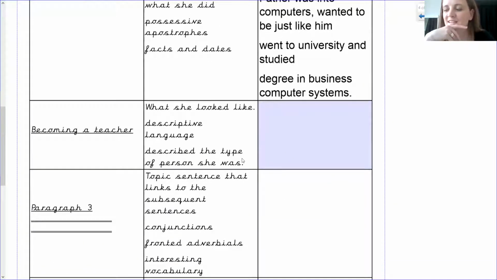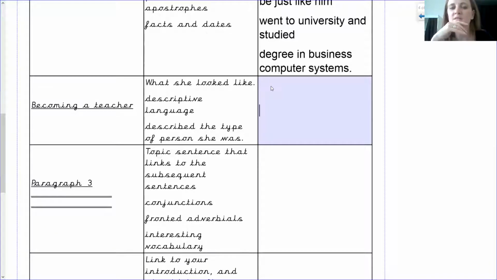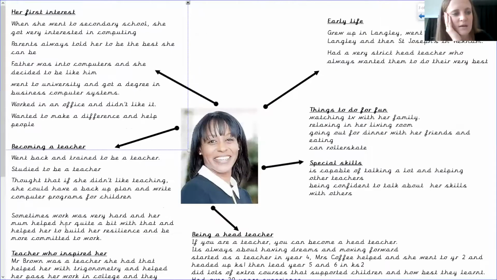Now, my next paragraph is going to be a bit different, because the one that we have in our non-chronological report is a description of Boudica, but I haven't quite got to the description of Mrs. Bowen yet, because I want to say how she became a teacher. I think that's really important. We're looking for descriptive language, and maybe we can use some of the vocabulary that we've got in here.